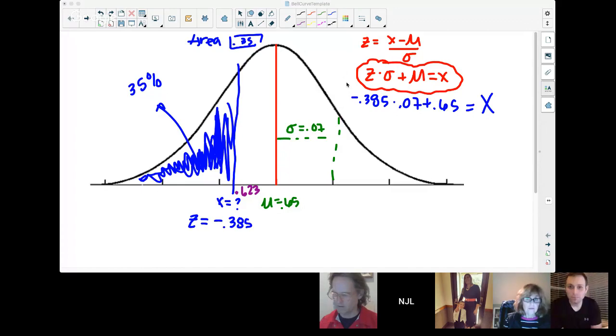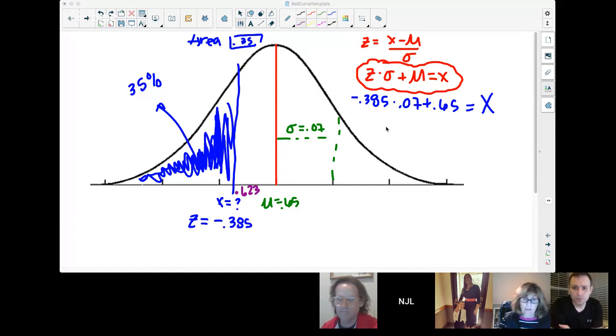Negative 0.385 times 0.07 plus 0.65 equals 0.623. Okay. I think I didn't use the negative 0.385 when I calculated it before.